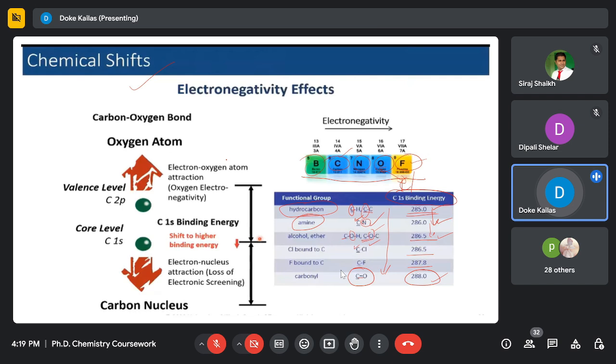Then carbonates, CO3, like calcium carbonate: carbon bonded with three different oxygens, and the binding energy further increases. If carbon is bonded with three fluorine atoms, as in CF3, then again the binding energy increases compared to a single CF bond, which is 287, and it becomes 293.5 electron volts.